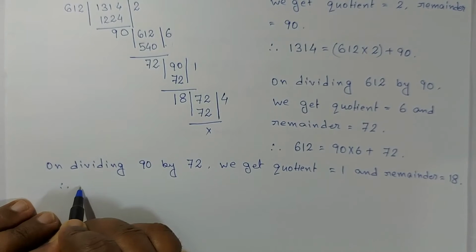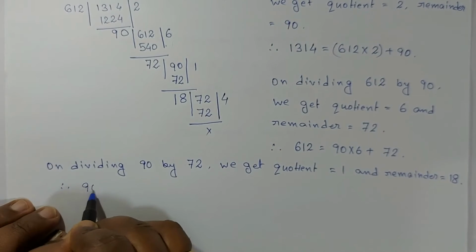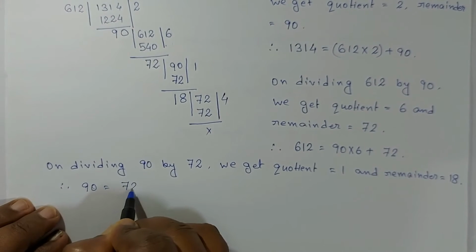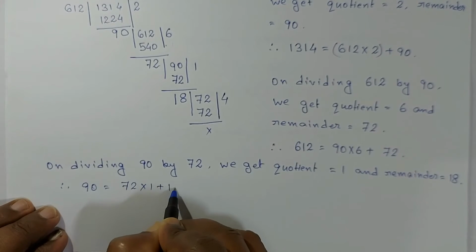So therefore 90 equals 72 into 1 plus 18.